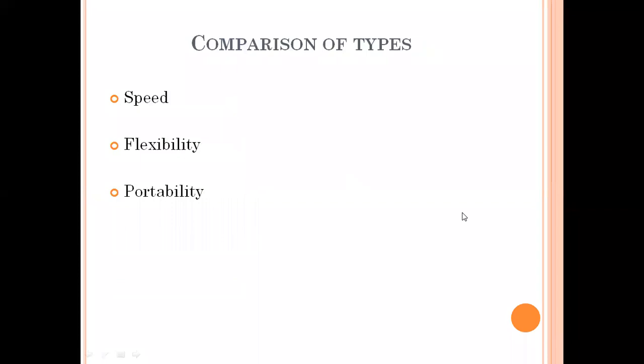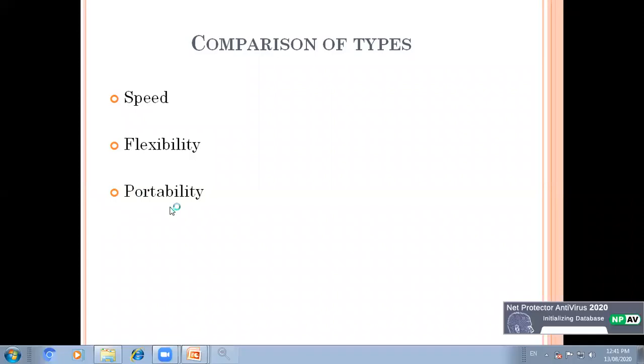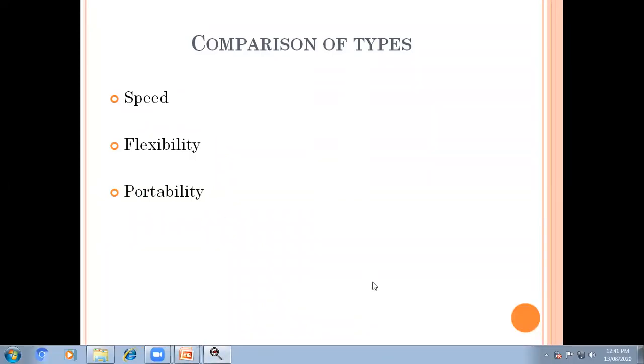Next is the comparison of types of the test bench. Based on three parameters, we can compare all these types of the test benches. First is the speed, second is the flexibility, what types of flexibility we are getting with the particular types of test benches, and the portability.